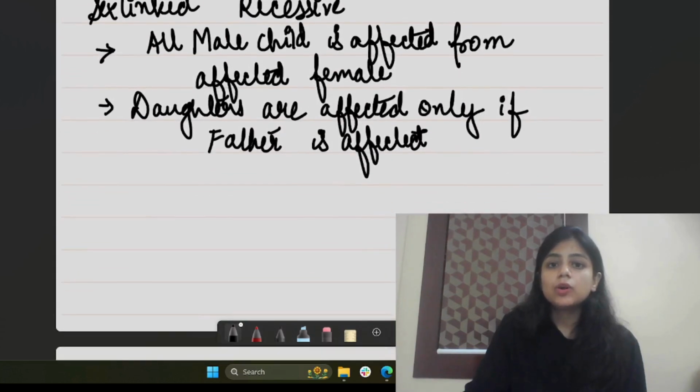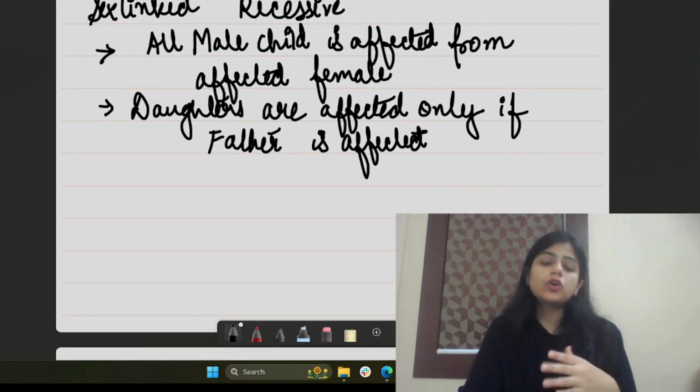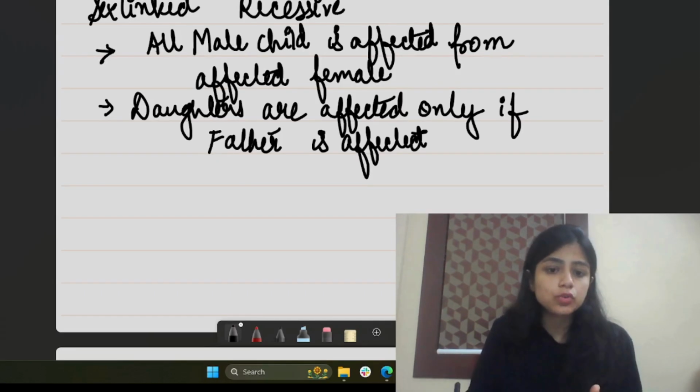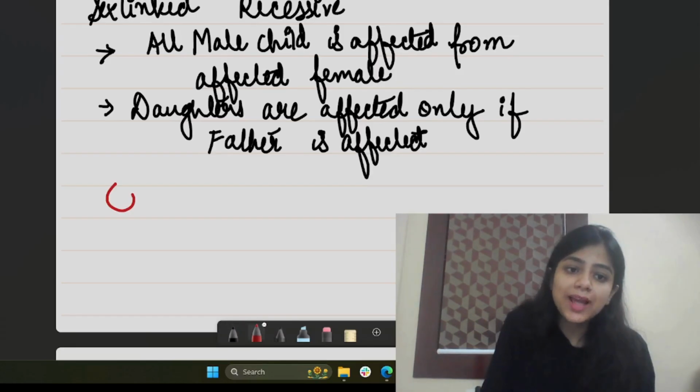What does it mean? Whenever we are talking of a sex-linked recessive disorder, if the female is affected, she has to be affected in both the chromosomes. Then only all the male children will be affected.